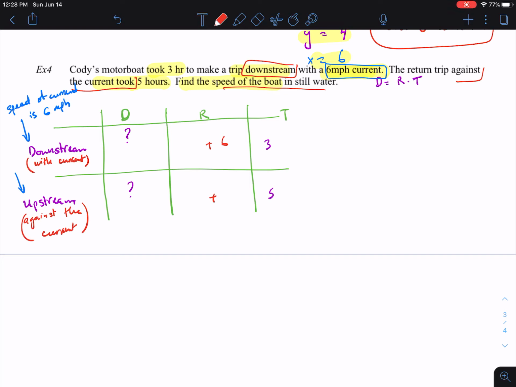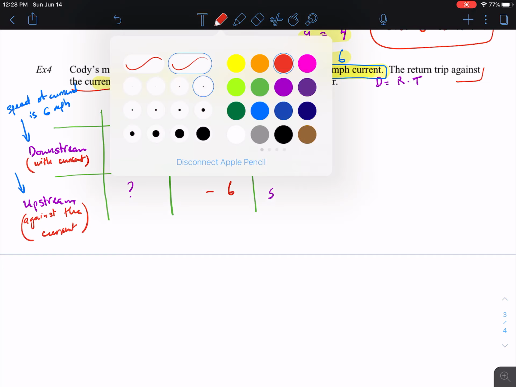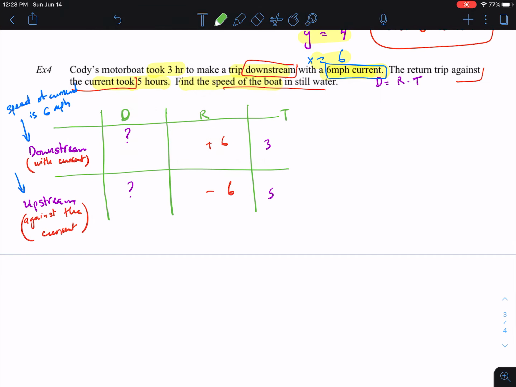Okay. So when you go against the current, the flow of the water is pushing against you, meaning it's making you go slower. So the motorboat will go slower than what it is actually intended to go. So you want to subtract the speed of the current. Okay. So we don't know what the speed of the boat in still water is, so we're going to call that x.